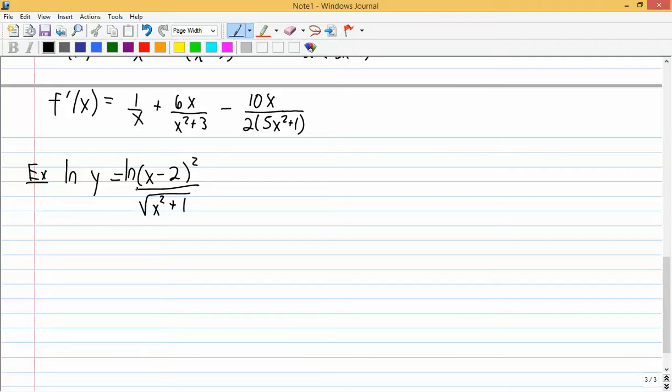If u is equal to my y, my du would then be y prime, the derivative of y. So the left side of the equation would be 1 over u du, or 1 over y times y prime.